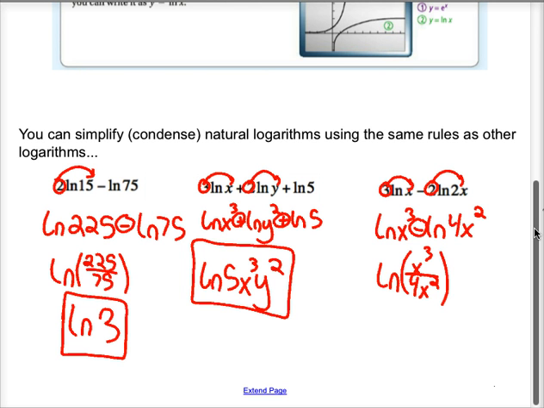All right, now x cubed divided by x squared. 3 take away 2. Remember, you can simplify that down to an x. So I'm going to have the natural log of x over 4, having this written in condensed form. All right, so again, same thing as what we've been doing, now just applied to a different type of logarithm.